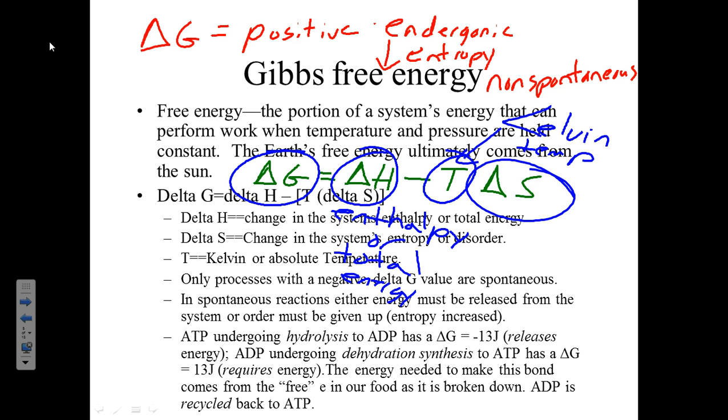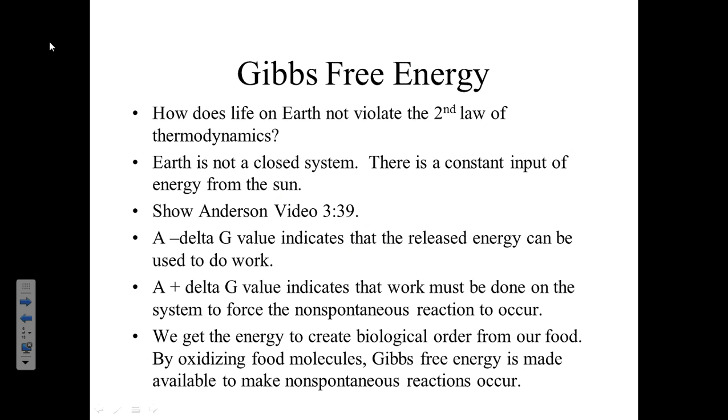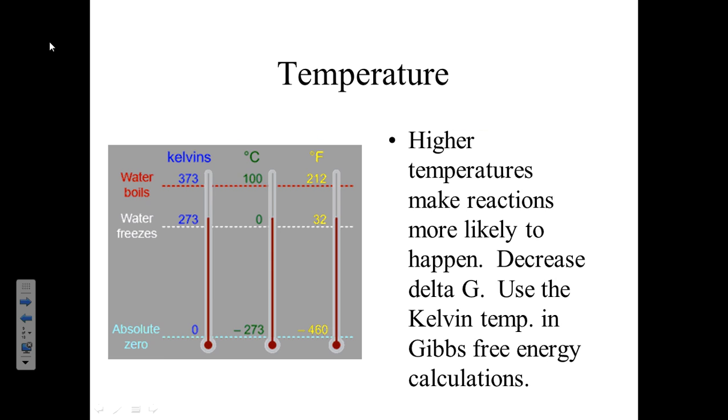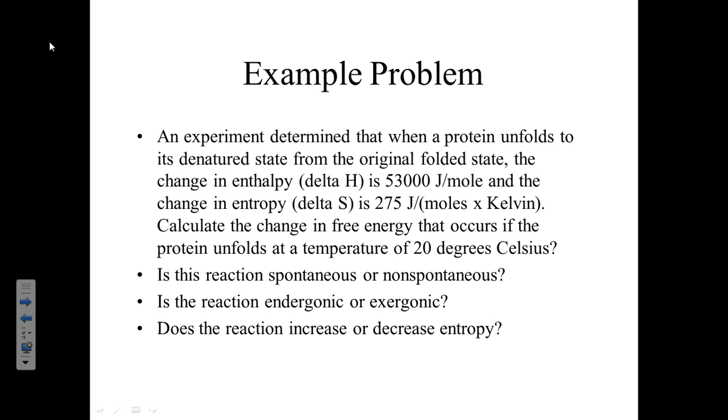All right. If you know that, and you can do basic algebra, the Gibbs free energy problems that we have will be very easy. Let me show you an example. All right, here's an example problem.